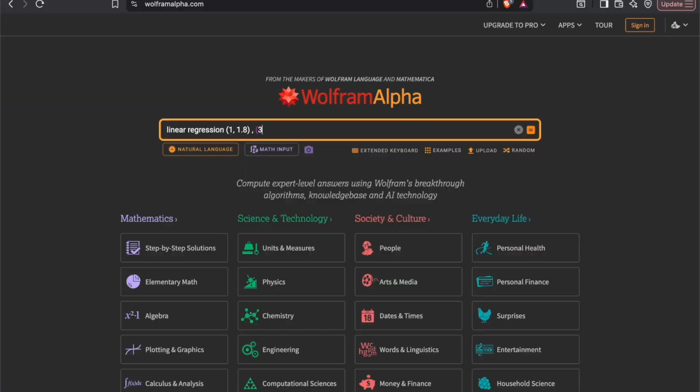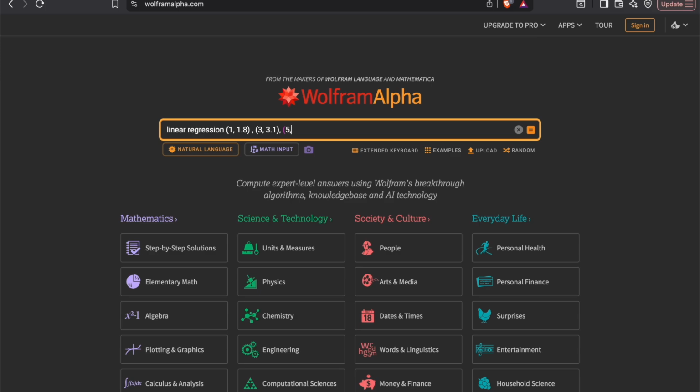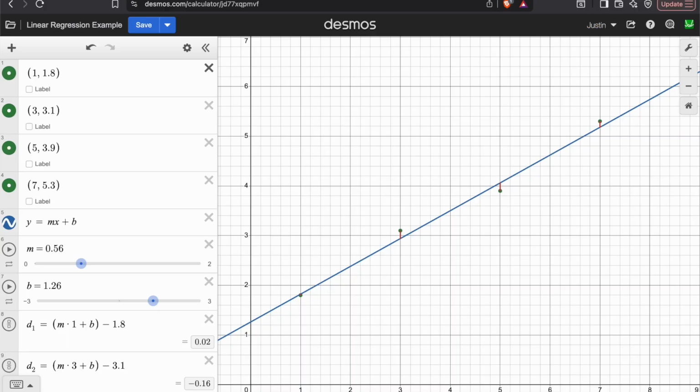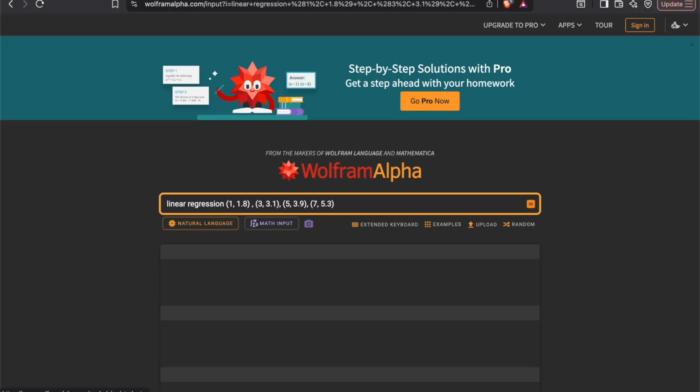So parentheses, 3, 3.1, and parentheses, comma, next point, parentheses, 5, 3.9. And then comma, parentheses, and we got 7, 5.3. And let's see what it does.